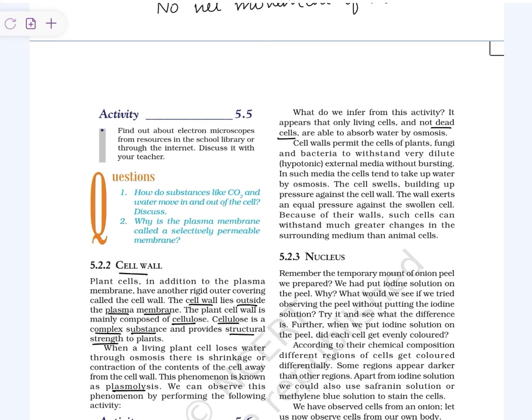That's why in dead cells no change will be visible, but in living cells we will see कि जो प्रोटोप्लास्ट है सेल का that will move to one side and will shrink, will contract.